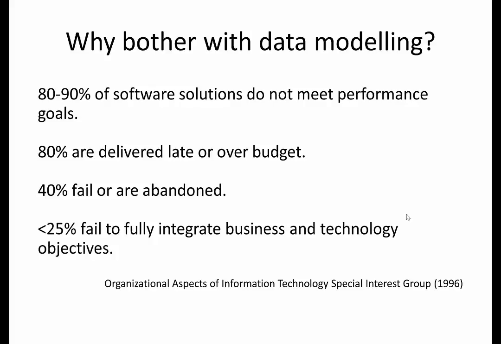They did a big survey about the success and failure of IT projects, and they identified that 80 to 90% of software solutions do not meet the performance goals, 80% delivered late or over budget, 40% fail or abandoned, less than 25% fully integrate business and technology objectives. Not a good scorecard, not exactly doing very successfully.